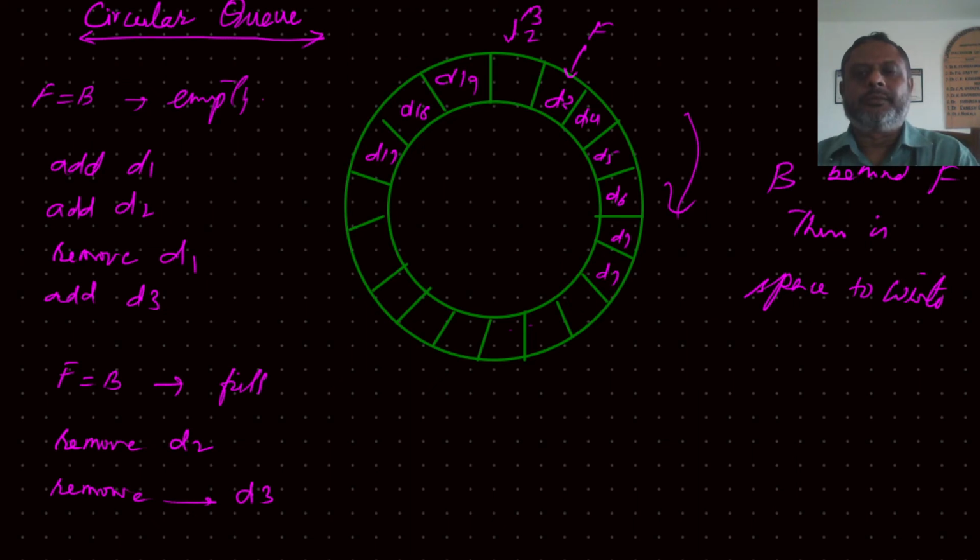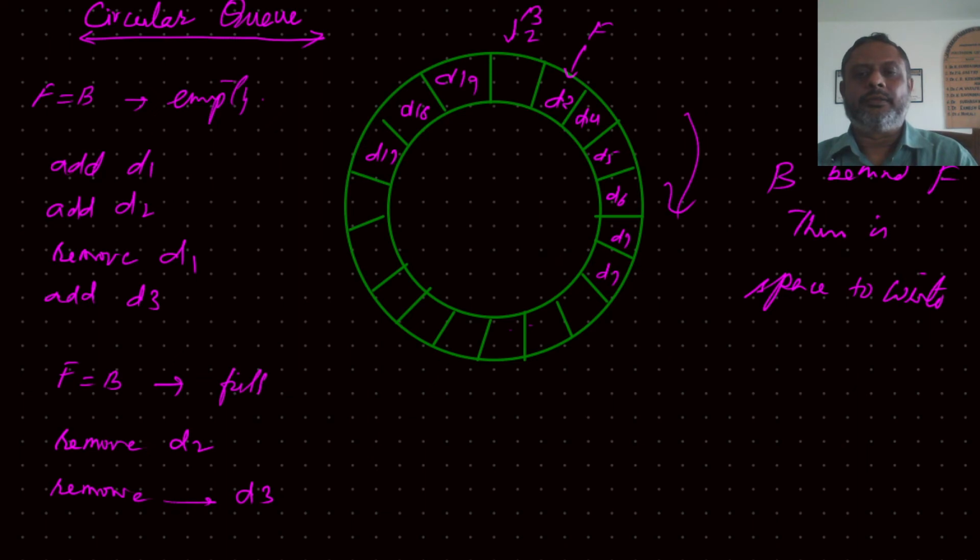In the beginning, if F and B are equal, then it says that it is empty.